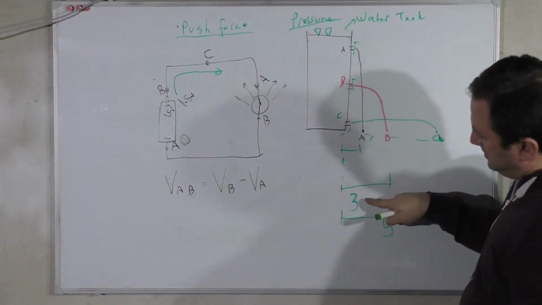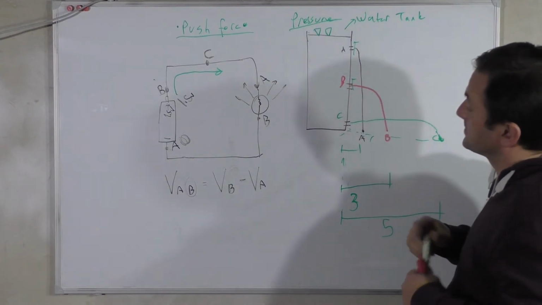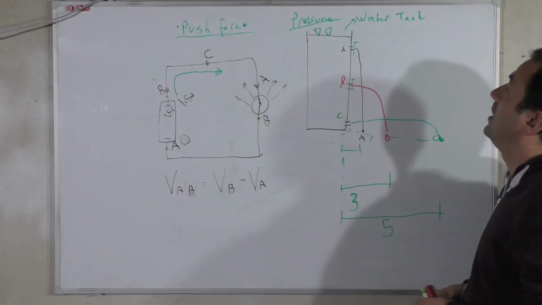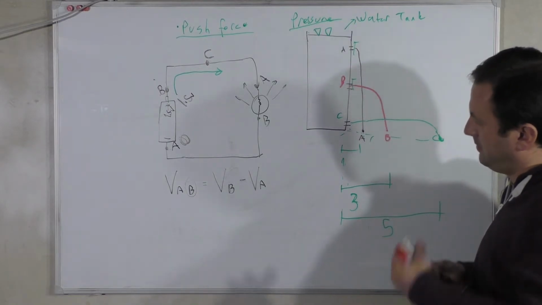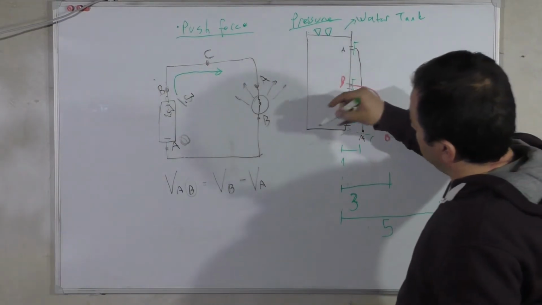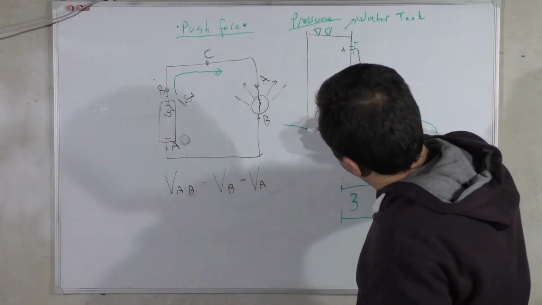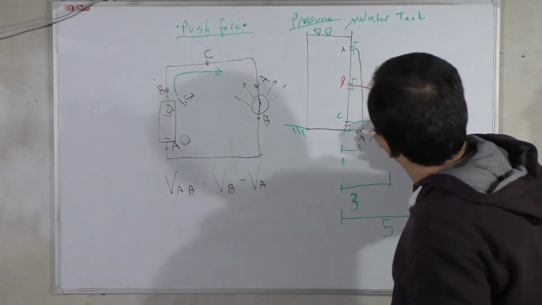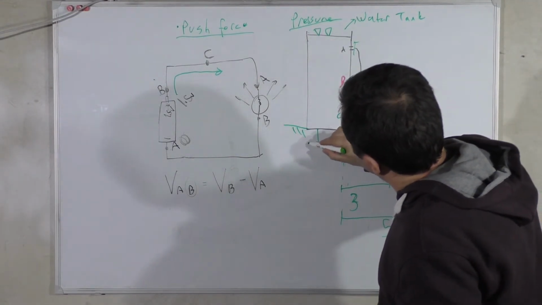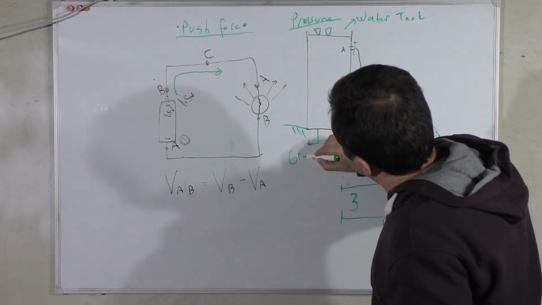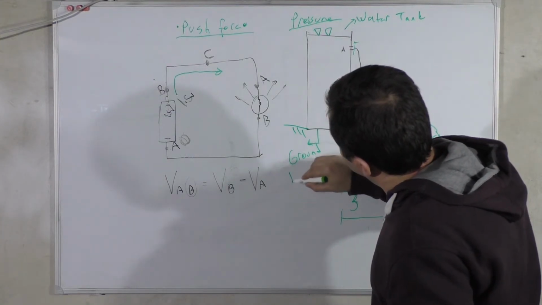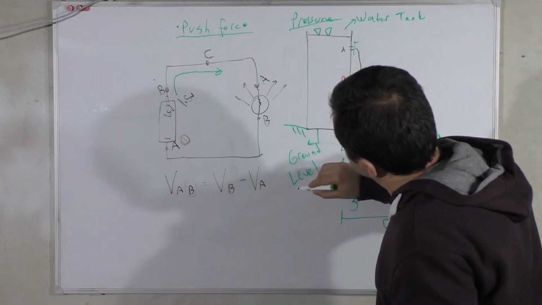So the difference is 3 minus 1. But in general, when we are talking, our reference point is our ground point here, ground, level 0.